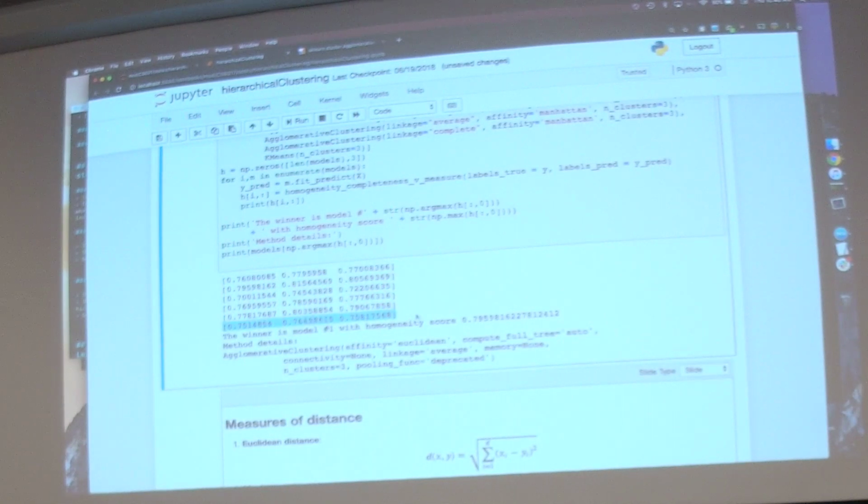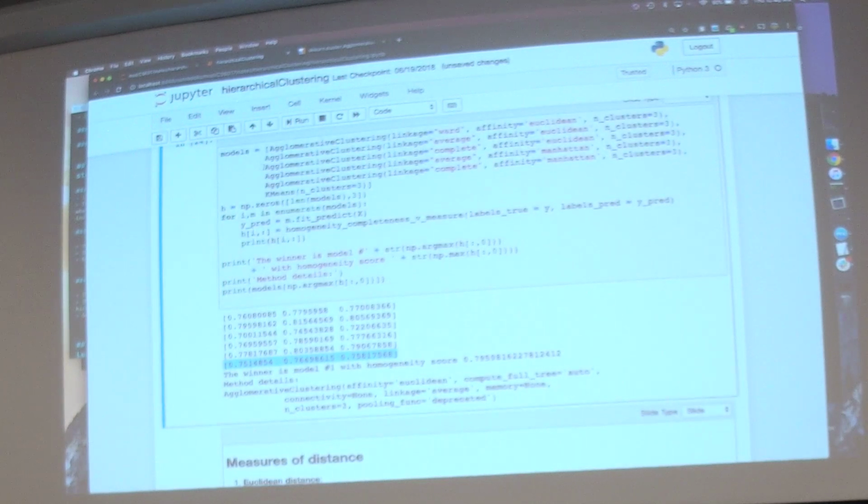K-means is worse than everything except for the complete linkage one, so complete linkage in this case is the worst. Measuring clusters by the farthest point is not a good idea for this data set. Everything else looks to be pretty close to equally good, but the winner was the average linkage. So for this particular data set, that seems to be the best choice.